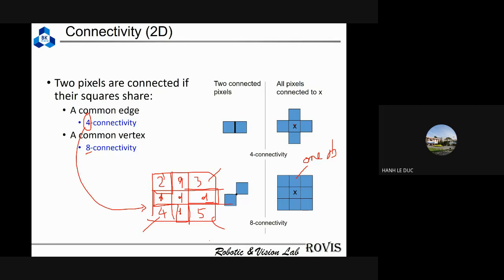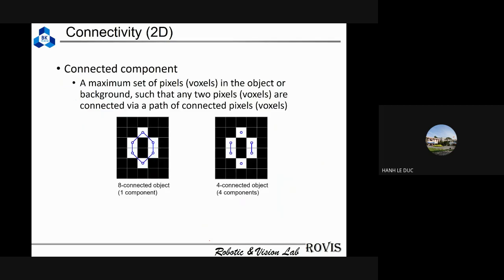Here is another example. In the previous object, if we use the eight connected component, it will form one object. But if we use the four connected component, it will form four different objects like this. We will base on this to find how many objects are in the image.